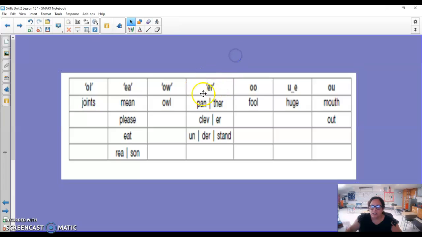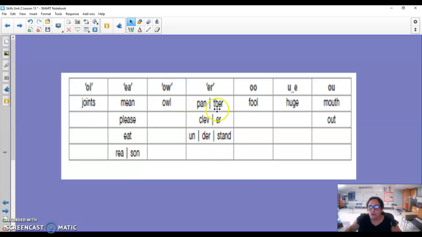ER is a syllable type, and this syllable type is vowel R because you have an E with a vowel. So when we see ER in these words, they go together and it says er. These two are two-syllable words, and this is a three-syllable word.